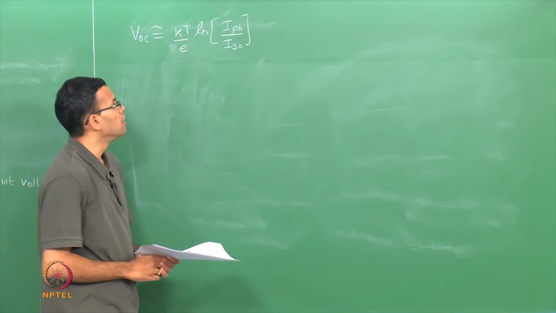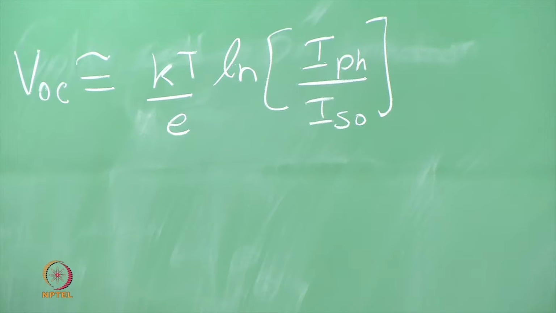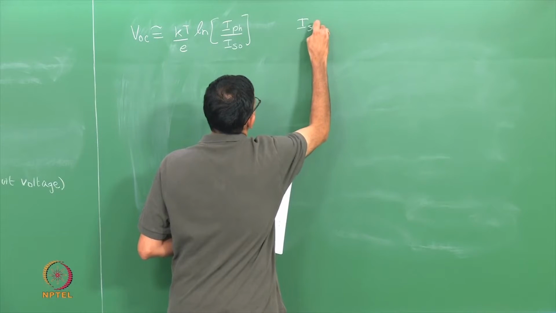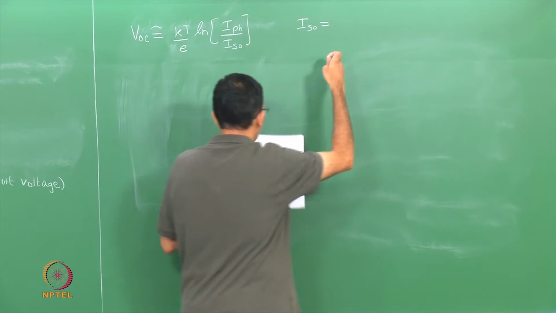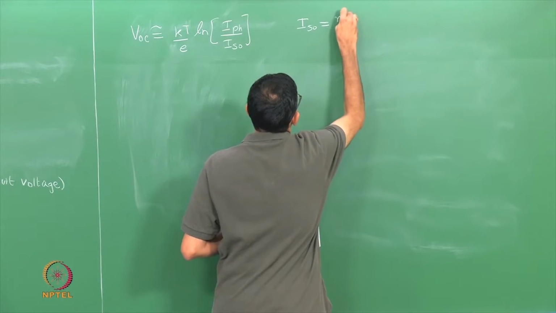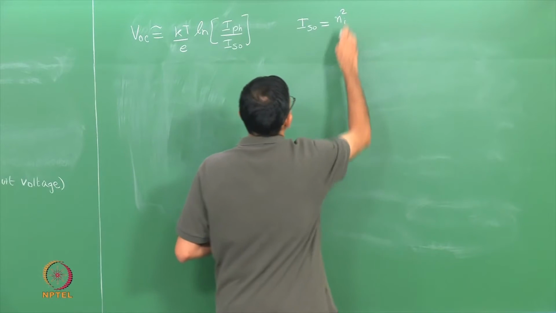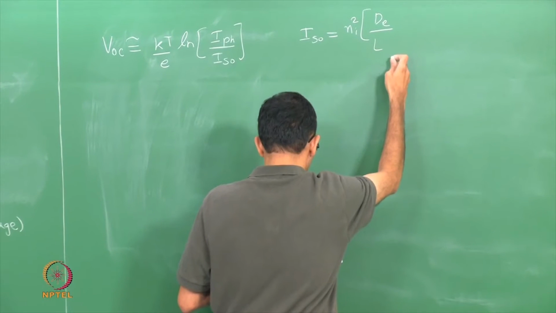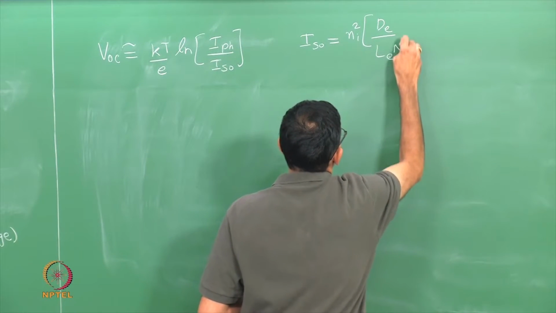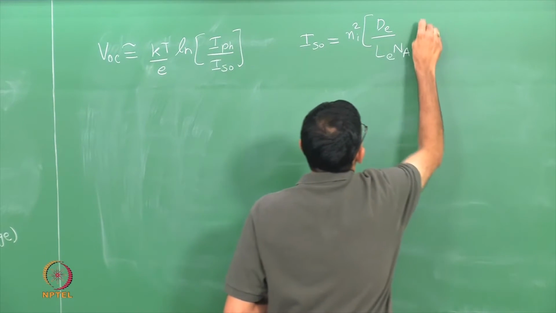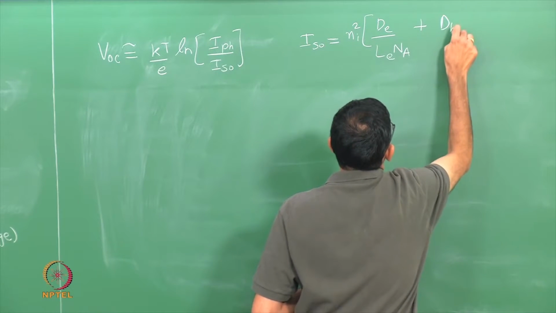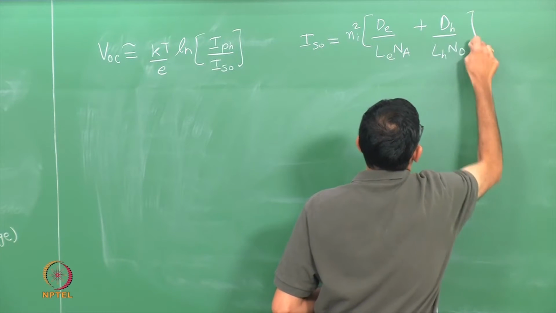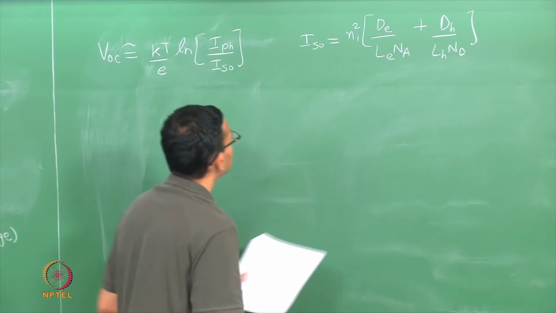IPH is your photocurrent, which depends upon the intensity of the light, and ISO is your reverse saturation current, which depends upon the intrinsic carrier concentration Ni square, and also on the diffusion coefficients, diffusion lengths, and the concentration of the P and the N regions.